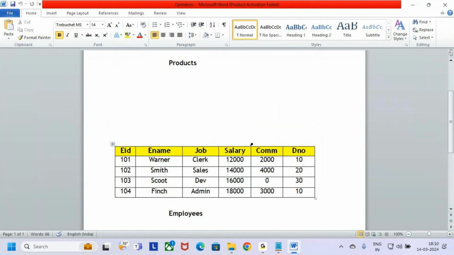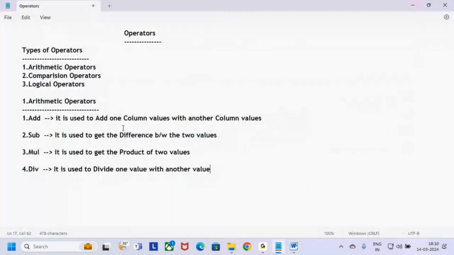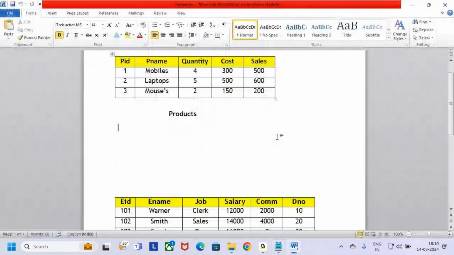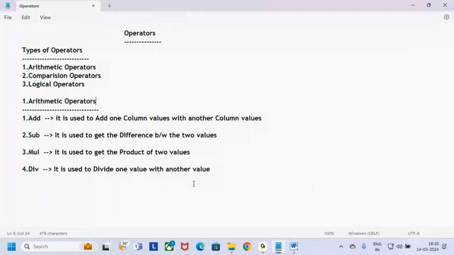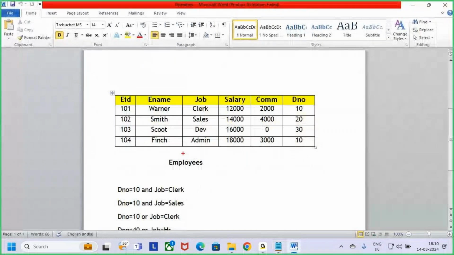Based on the data in these two tables, I'm going to work with the arithmetic operators. First, I need to work with the addition operator, guys. The addition operator is used to add one column's values with another column's values. There is the employees table, with columns: employee ID, name, job, salary, the commission the employee is getting, and department number.